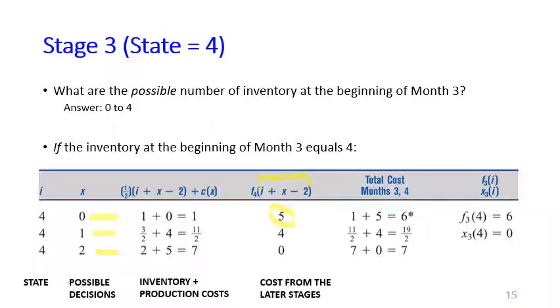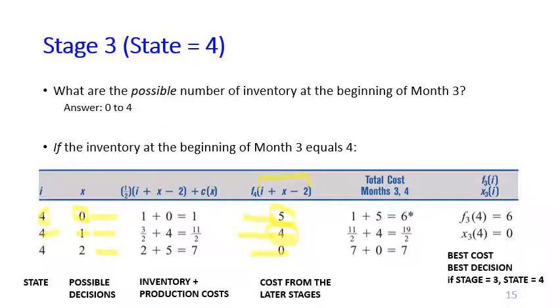So that will be F4, 4 plus 0 minus 2, so this is F4, 2. This is F4, 4 plus 1 minus 2, 5 minus 2, so this is F4, 3. And this is F4, 4.